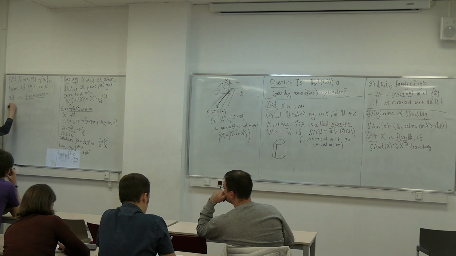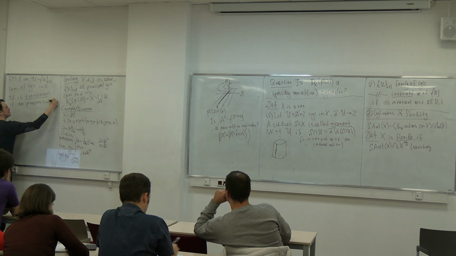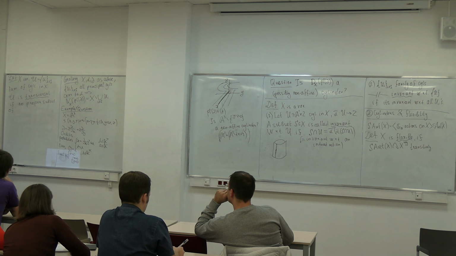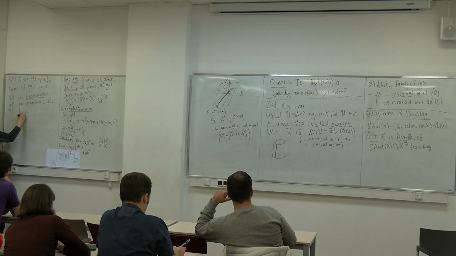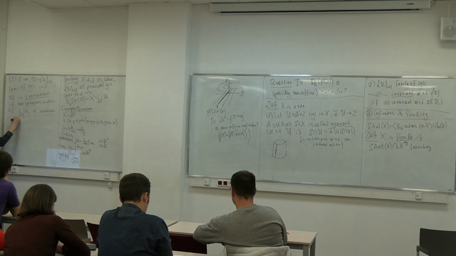U is transversal if, let me say it like this, if no proper subset of everything that they cover, so of the union, is invariant with respect to this family. Okay.